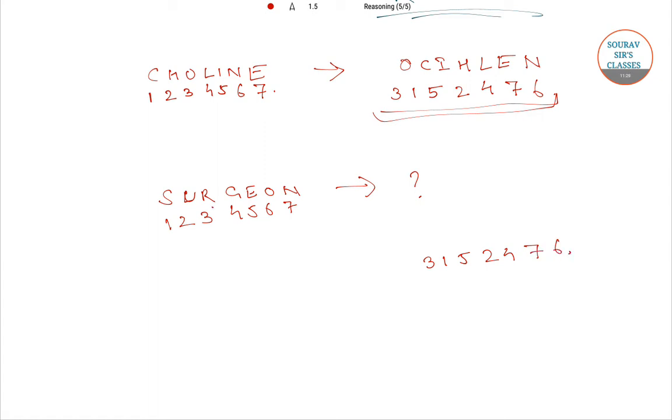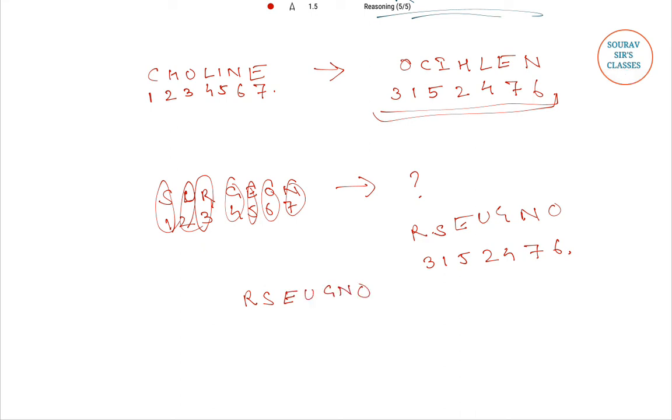Now with 3 it is R, with 1 the corresponding letter is S, with 5 it is E, with 2 it is U, with 4 it is G, 7 has the corresponding letter N, and with 6 it is O. So surgeon is coded as RSEUGNO.